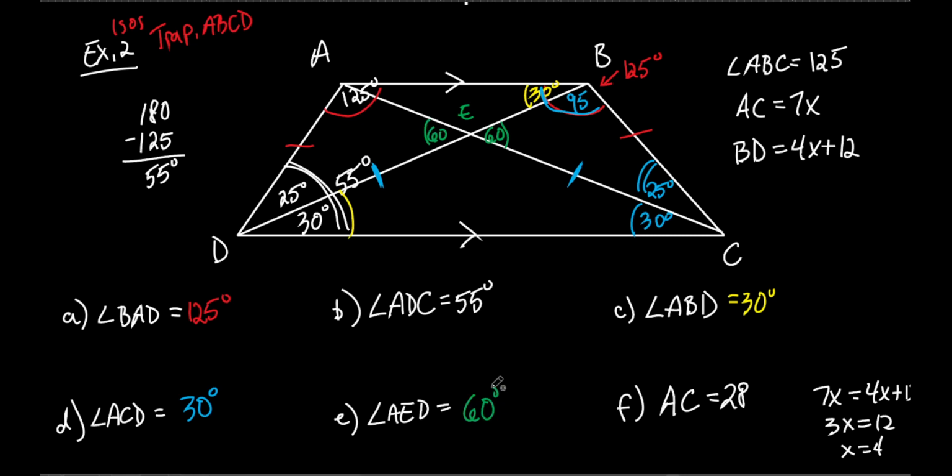There we go. This one, because of this triangle right here. See this triangle? EBC. So I knew this was 95, right? I knew this was 25. Altogether, that's 120. Take that away from 180. That gives me my angle right here. Okay, so 180 minus 120 is 60. If this is 60, this is 60, right?